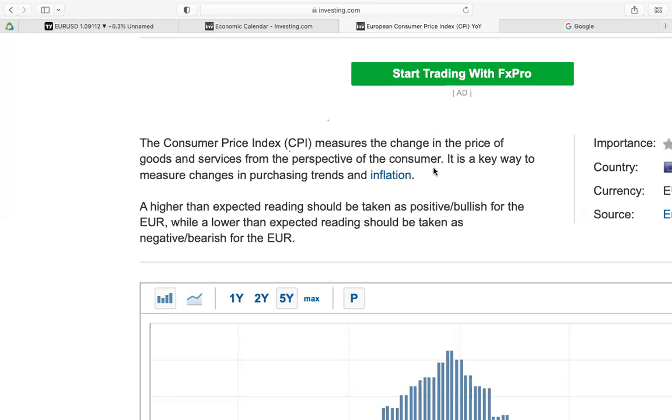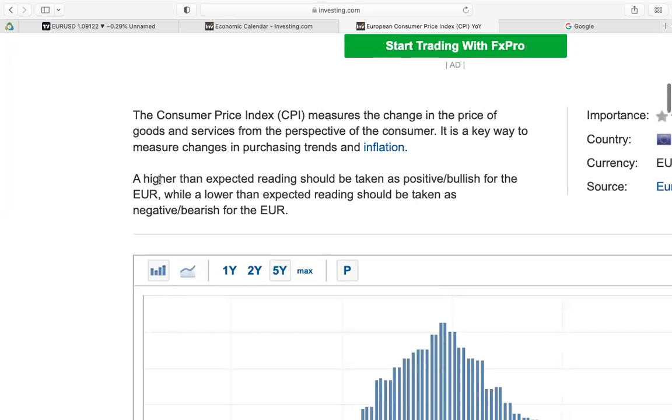It measures the change in the price of goods and services from the perspective of the consumer. It is a key way to measure the changes in purchasing trends and inflation. Nice. So a higher than expected reading should be taken as positive or bullish for the euro.